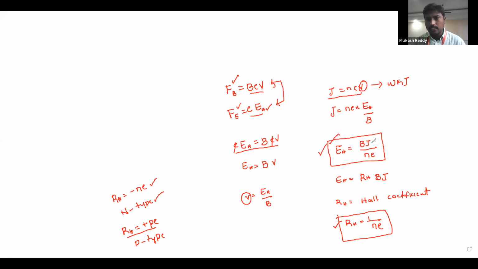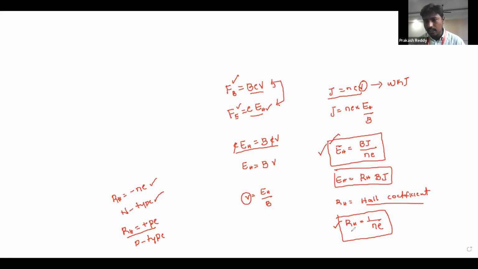The equation for EH is BJ by n into e. The same equation I write as RH into B into J, where RH equals 1 by n into e.